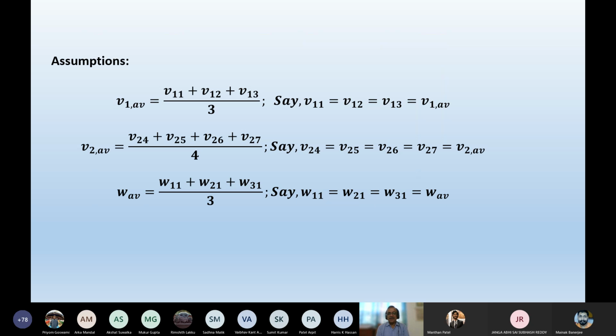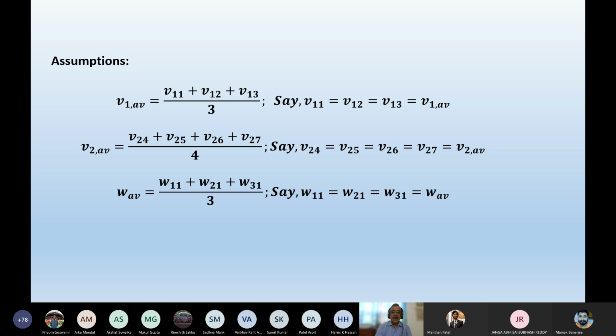Okay. Now here, please try to understand. We have done something for simplicity of the network. You just read it out, then I'll tell. V1 average is nothing but V11 plus V12 plus V13 divided by 3. So I have got the average value.